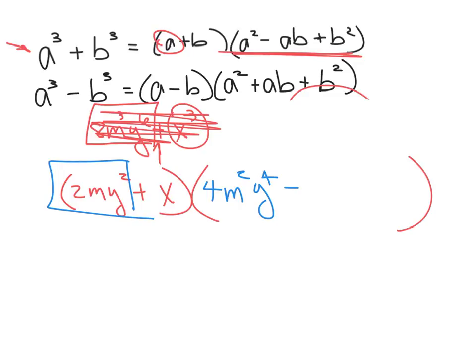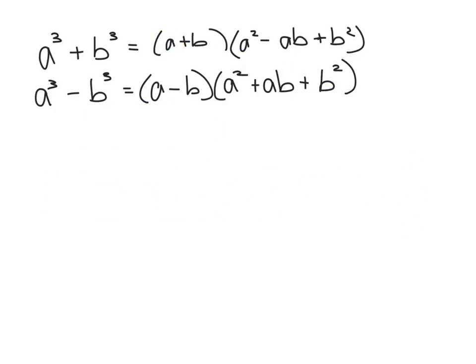Minus a 2my squared times x, my second term, plus the second term squared. And we're done. Okay? So there's really nothing fancy here about doing this. It's just being able to recognize what you're doing.